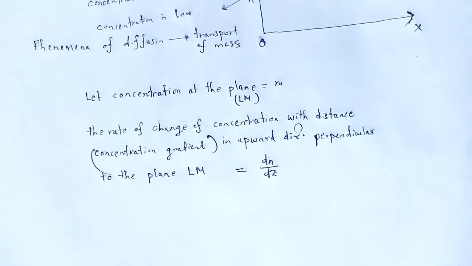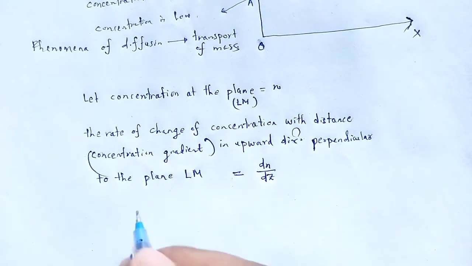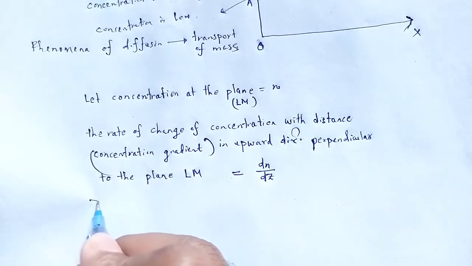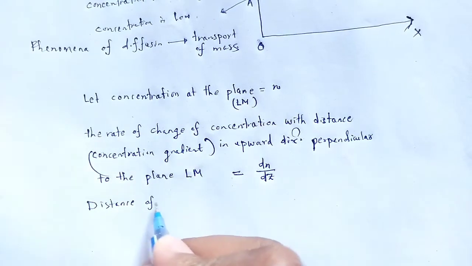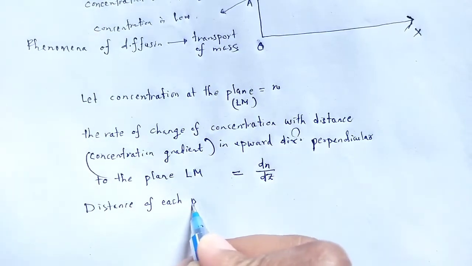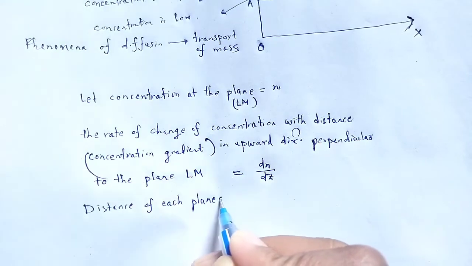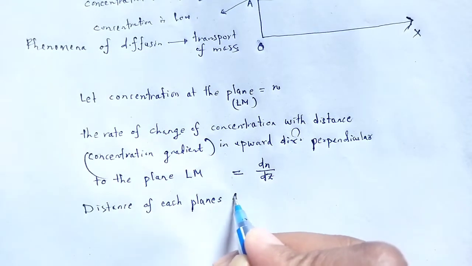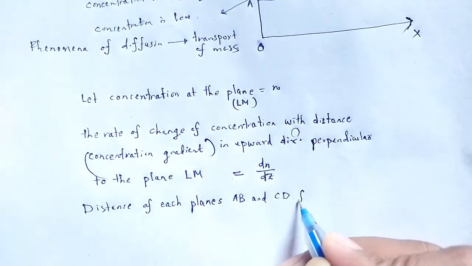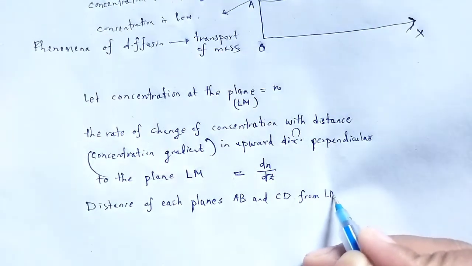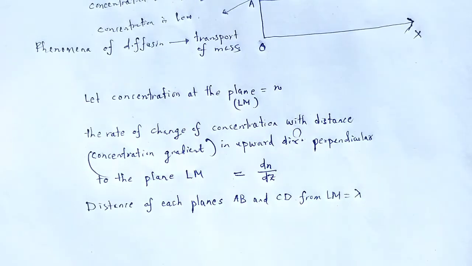The distance of each of the planes AB and CD from the plane LM is equal to lambda.